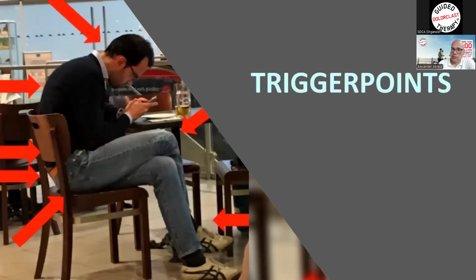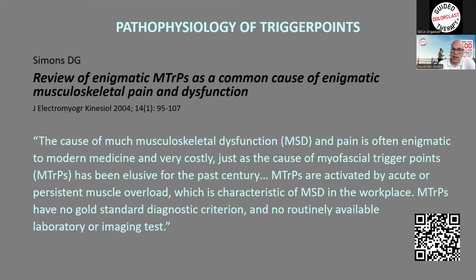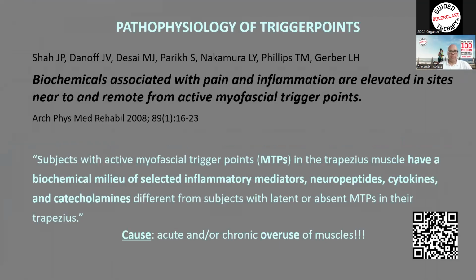Trigger points. Why do trigger points work perfectly by using shockwave? We know that most of these trigger points just start to exist by a chronic overuse. If you have a closer look at these trigger points, you can see that we have a biochemical milieu in this area with selected inflammatory mediators. And we had this before when we talked about the pain and neurogenic inflammation circle.